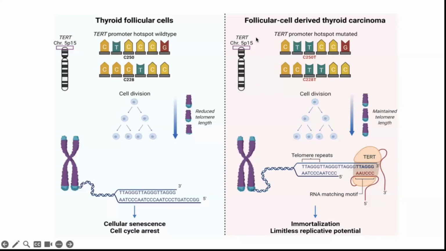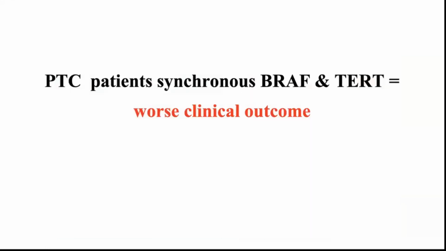But when this TERT promoter is mutated, it causes bizarre cloning of telomerase repeats and makes the cell immortal and causes limitless replicative potential, and that causes high-grade aggressive histology tumors, as already discussed before in the subtypes. So PTC patients with synchronous BRAF and TERT promoter mutations will have a worse clinical outcome, is the take-home message.